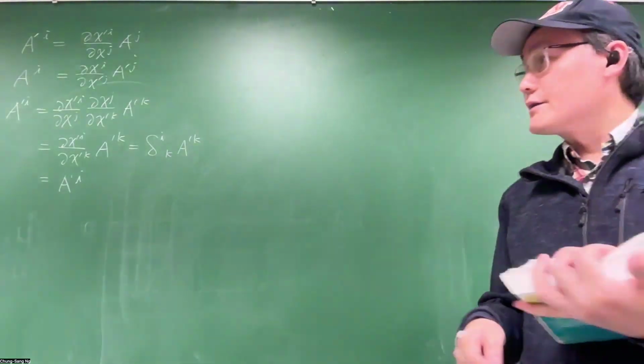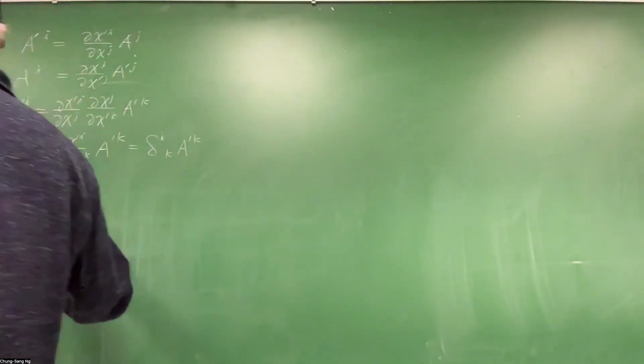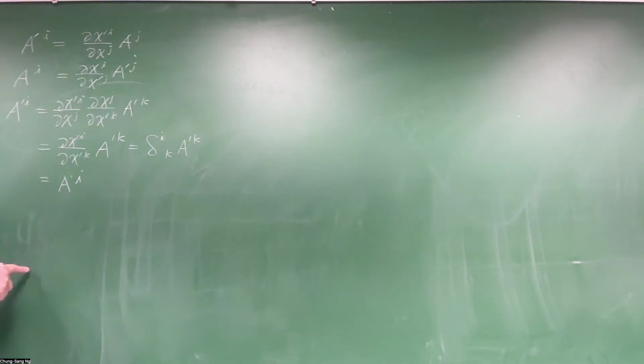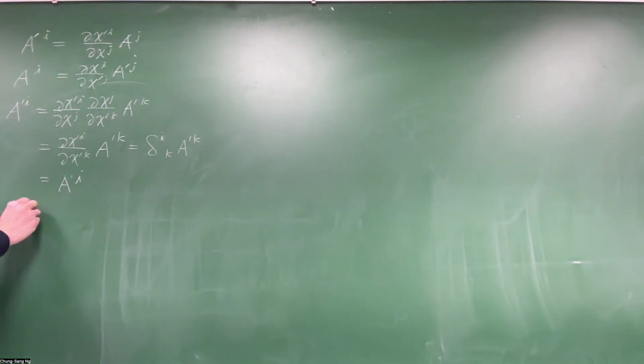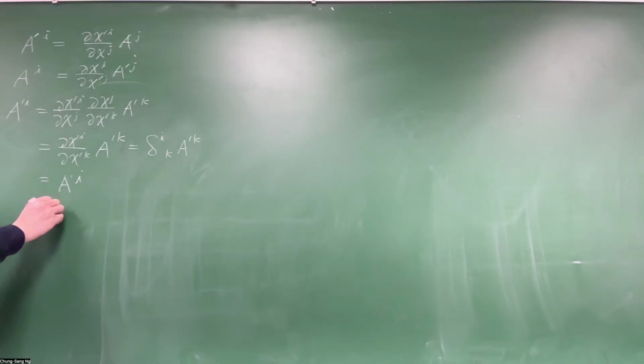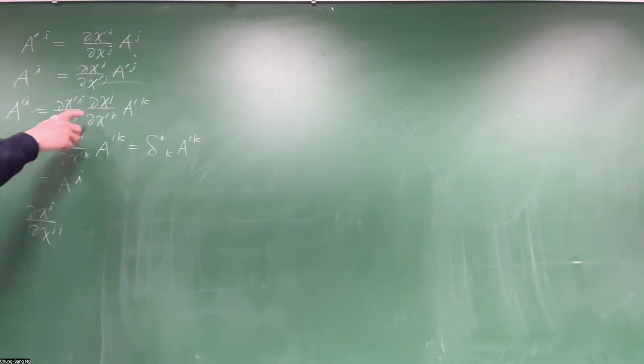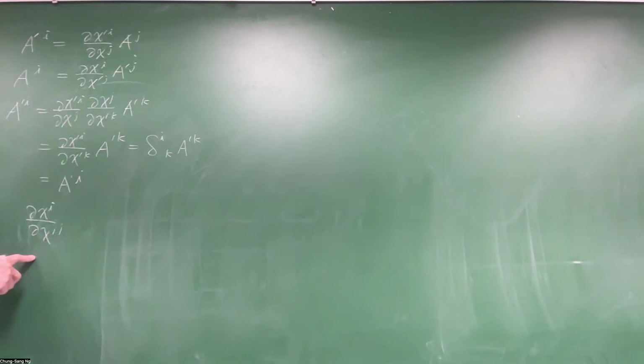So that is just a property in the Cartesian coordinate. This transformation matrix satisfies, basically, this one or either one or this one or that one.